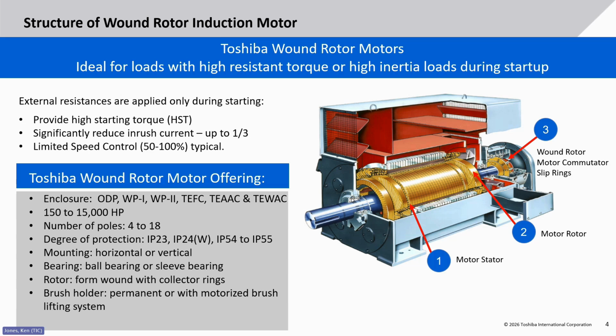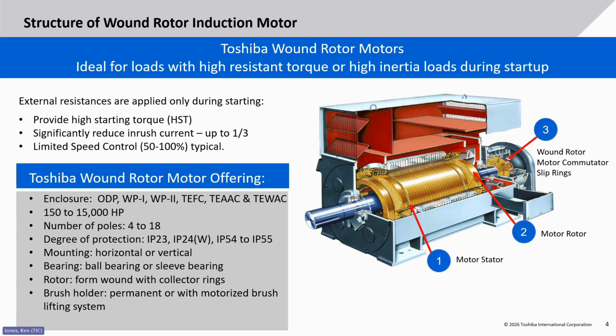The benefit of a wound rotor machine is that you can have a large amount of torque with a minimal amount of inrush current. And you do have some adjustability of speed between 50 and 100% in its current design.